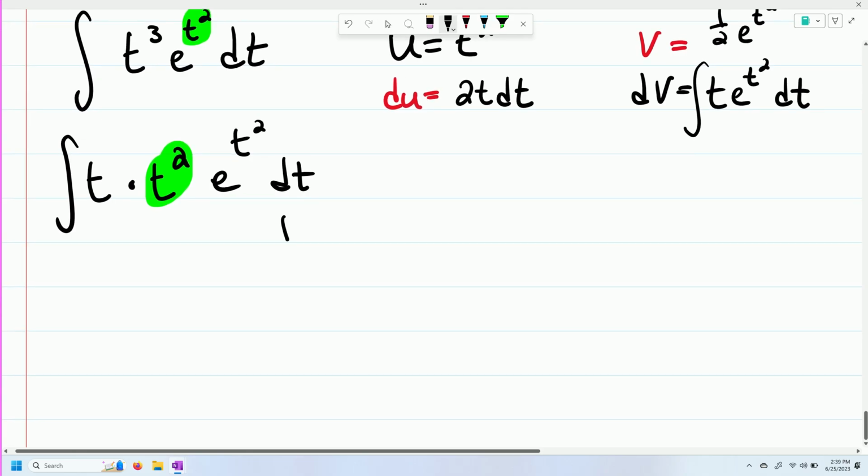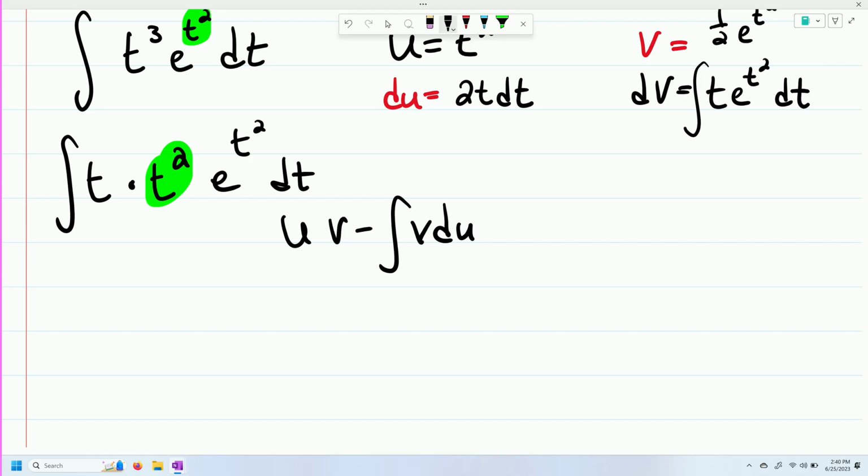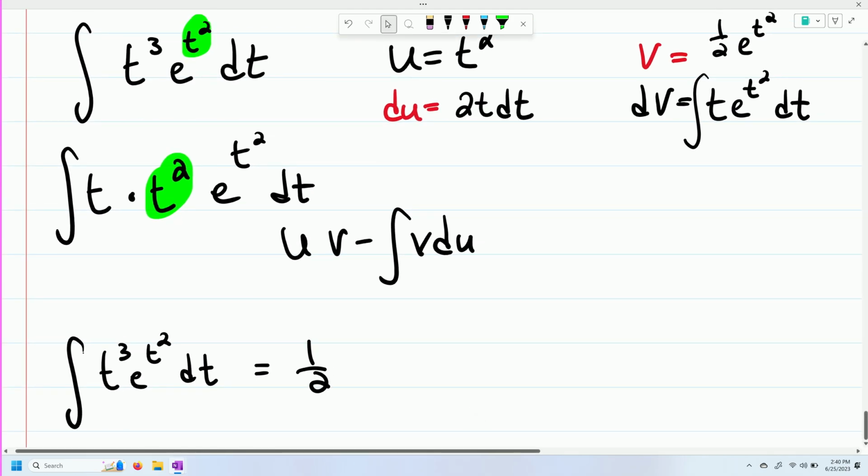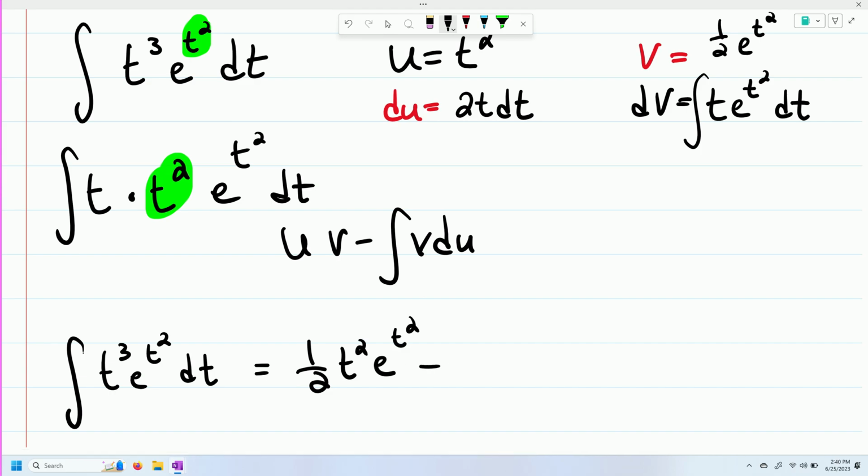So, using our formula for integration by parts, uv minus the integral of v du. All right. The integral of t to the third e to the t to the second dt is going to equal u times v, so u is t to the second, v is 1/2 e to the t to the second, so we get 1/2 t to the second e to the t to the second minus, and then it's going to be v, but v is 1/2 e to the t to the second, so I'm going to pull the 1/2 out front, times the integral of e to the t to the second times du.